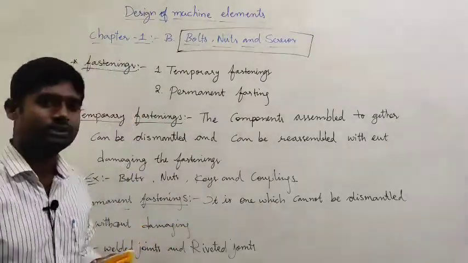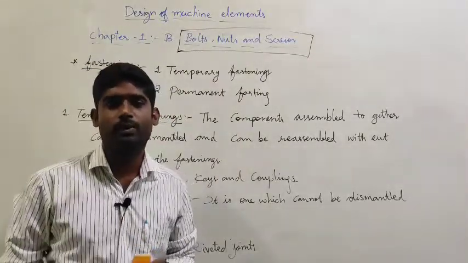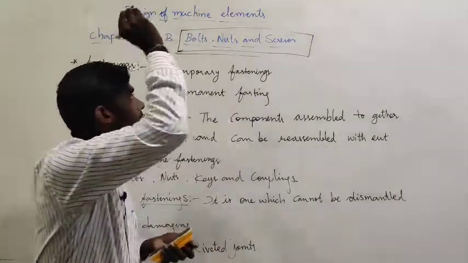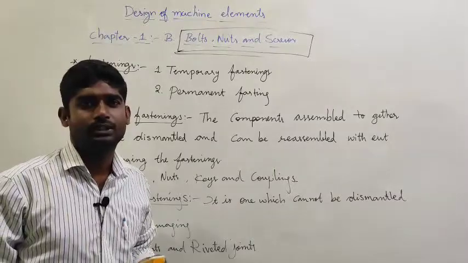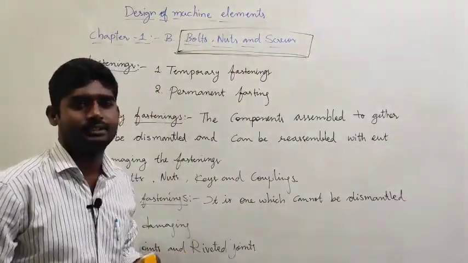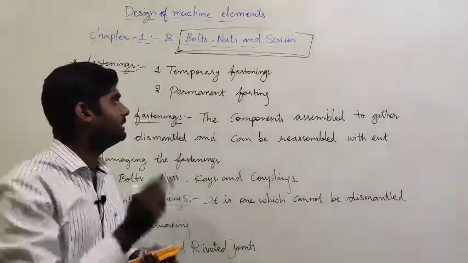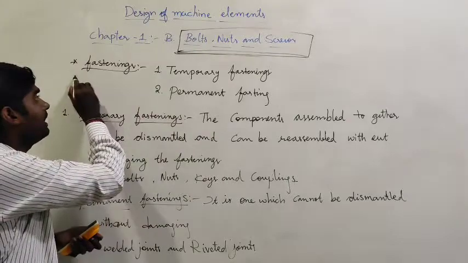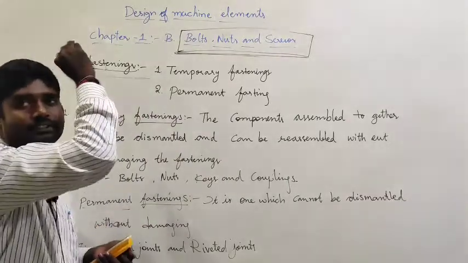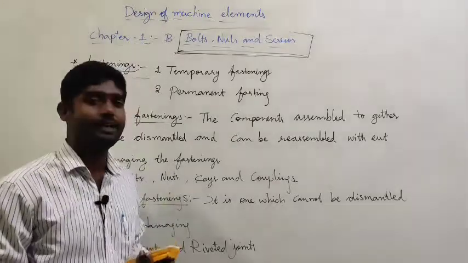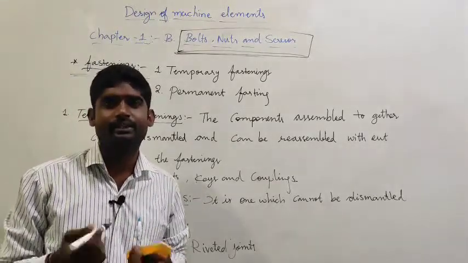If we join any two machine components, we use bolts, nuts and screws for joining. These are all temporary joints. What is a temporary joint? What is a permanent joint? Mainly we use fastenings to join or disassemble any machine components, any machines.